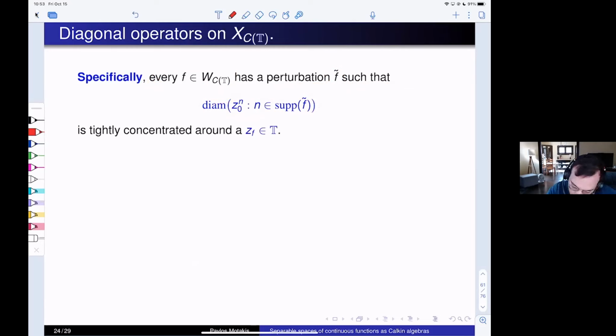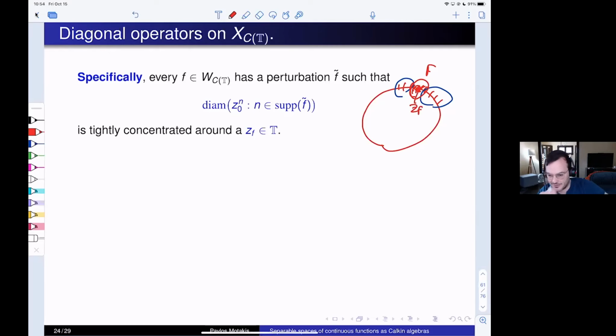So you have the torus here, and the support of F corresponds to some set here. If you get rid of some noise, which is small in a certain sense, you are left with a set of very small diameter, centered around some point ZF. This relates to F.